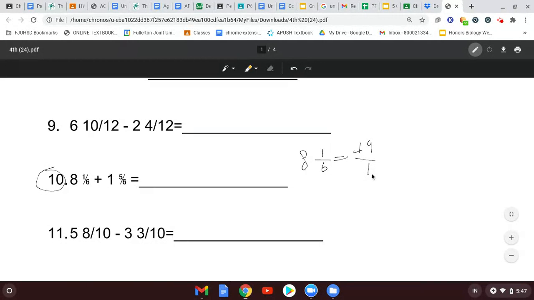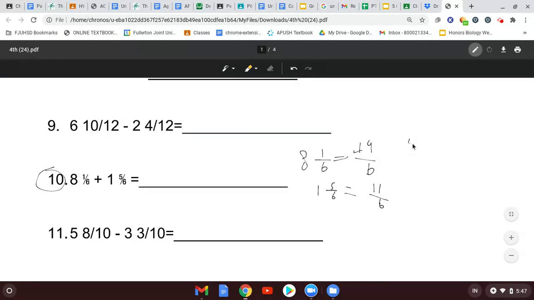And then 1 5/6. So this would be 1 times 6, which is 6. 6 plus 5, which is 11. 11 over 6.